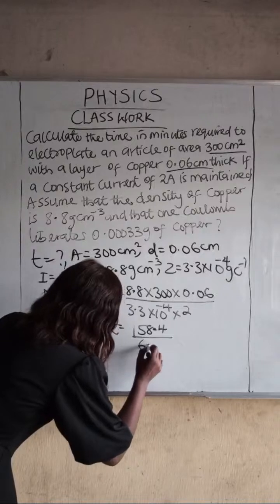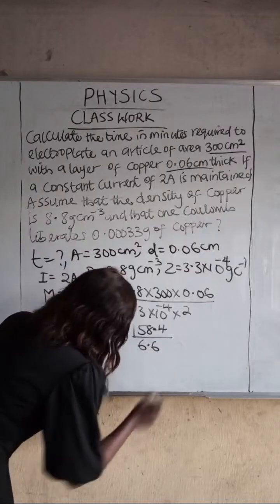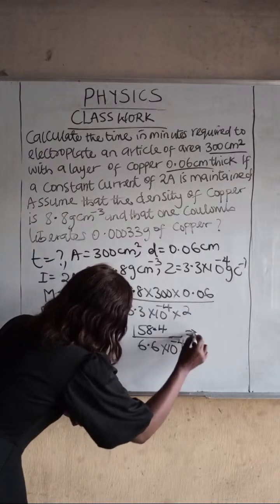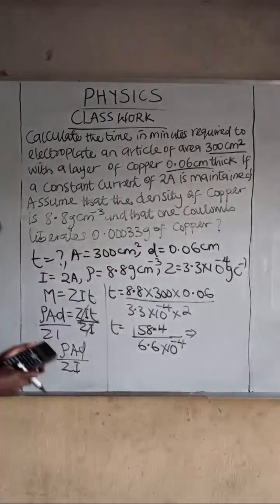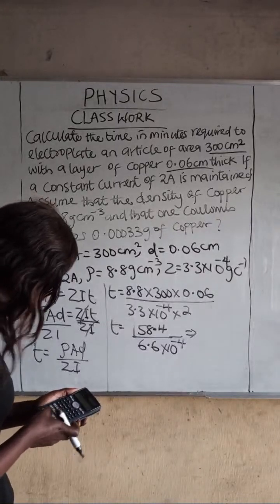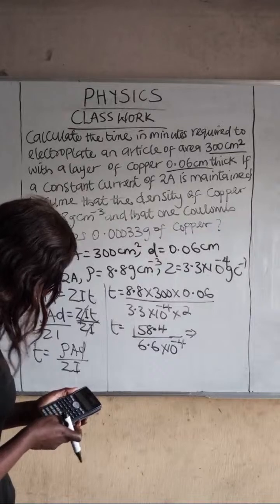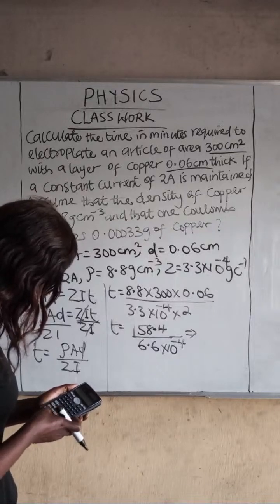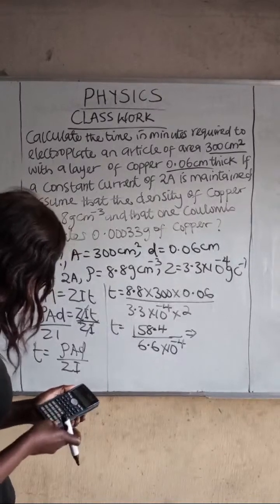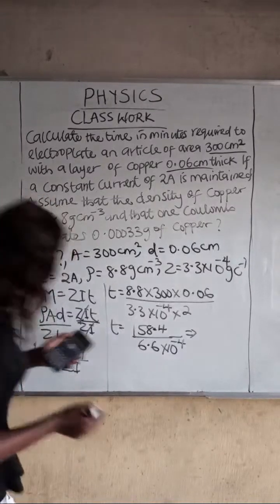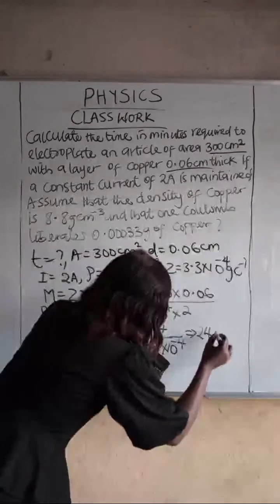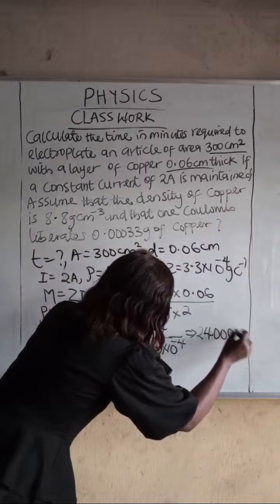I'll have 6.6 times 10 raised to the power of minus 4. Okay? So if I divide 158.4 by 6.6 times 10 to the power minus 4, I'll have 240,000.